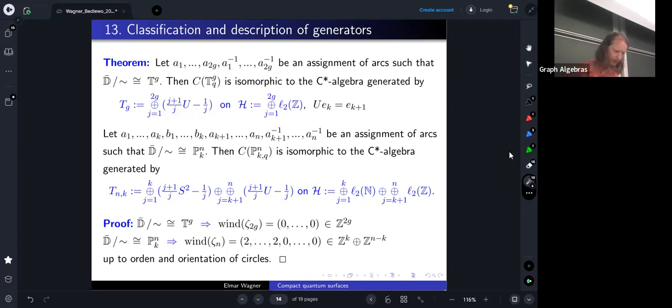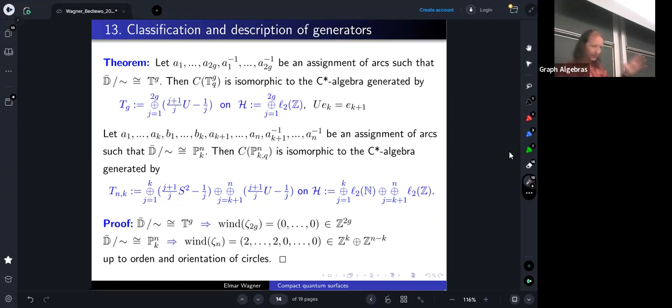So to get these circles, we take the radius (j+1)/j with center -1/j, and then all these circles have a common point 1. So the essential spectrum is these circles. These indices are 0.